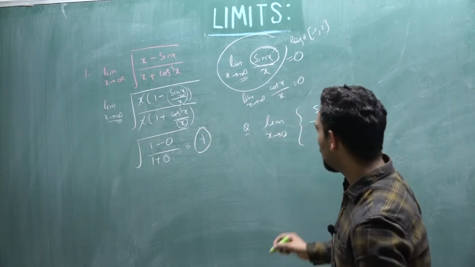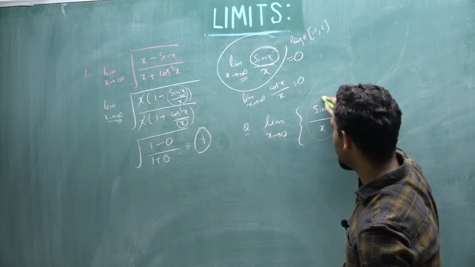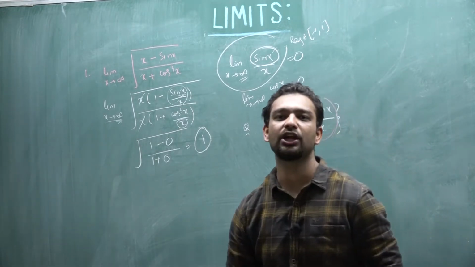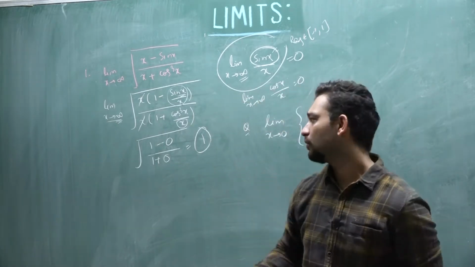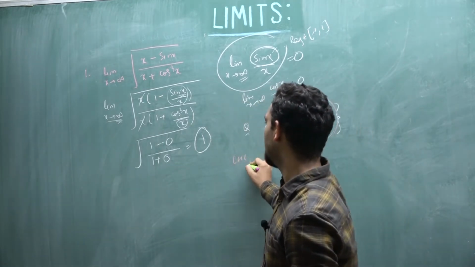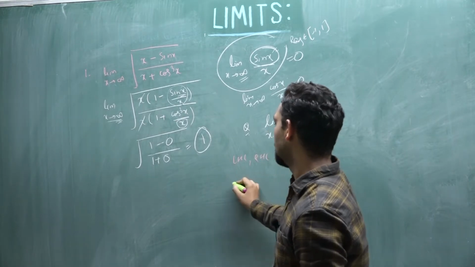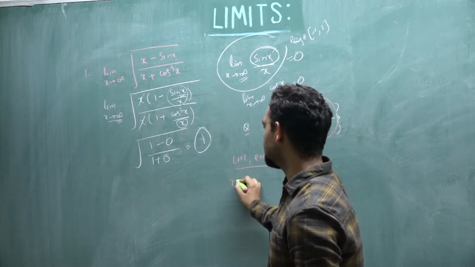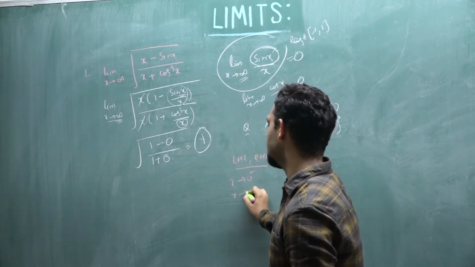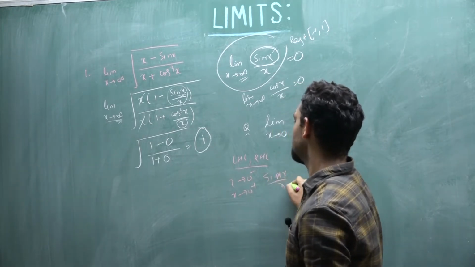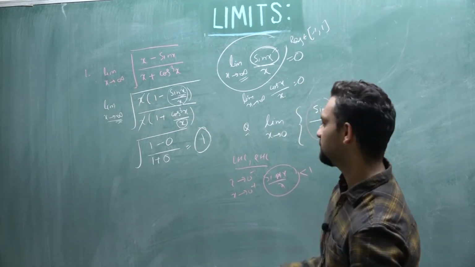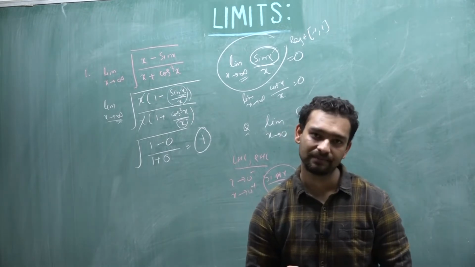What we have already seen is sin x upon x in the vicinity of 0, just greater than 0 or just less than 0. That is, if you look at the left hand limit and right hand limit, at x is 0 minus or at x is 0 plus, this value of sin x upon x will always be less than 1.